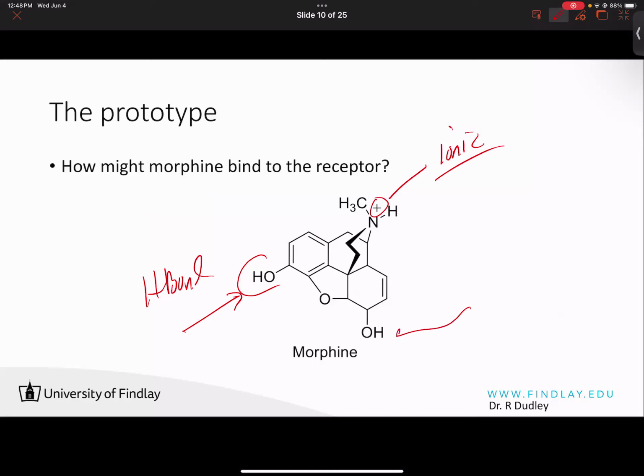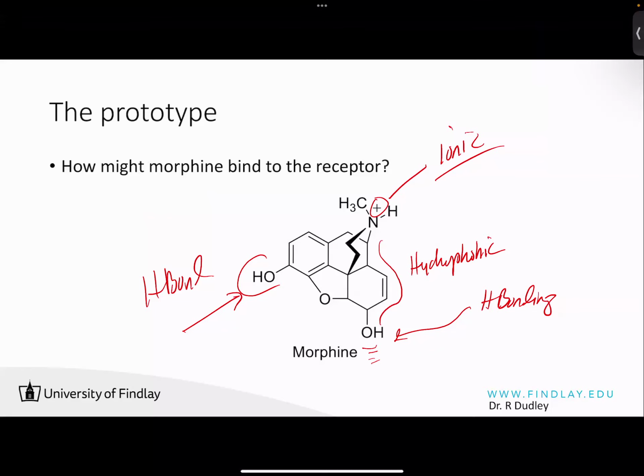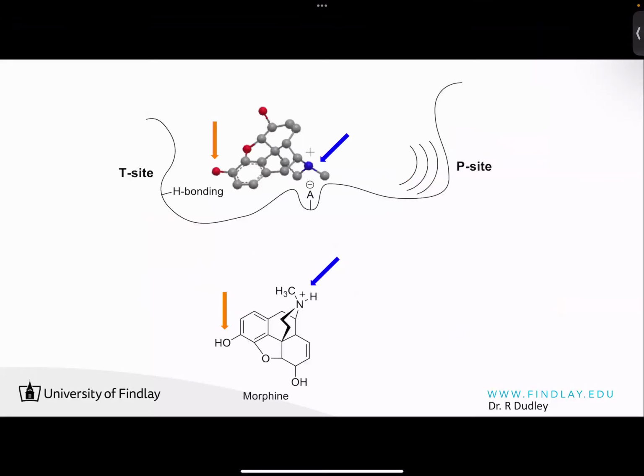And I would also predict some H bonding here with that alcohol at the 6th position. But let's not rule out the potential for hydrophobic interactions at that 7 and 8 position. Okay? All right, so let's move forward and see what we can figure out here.